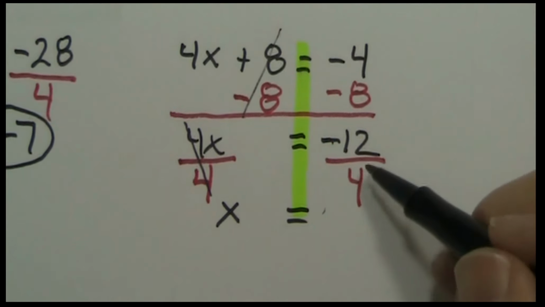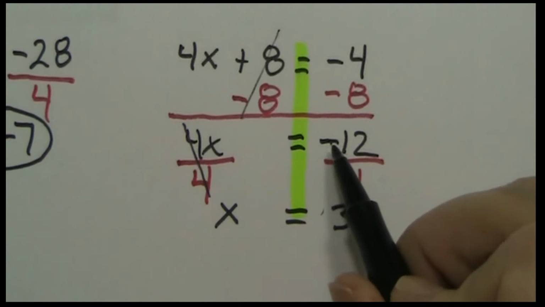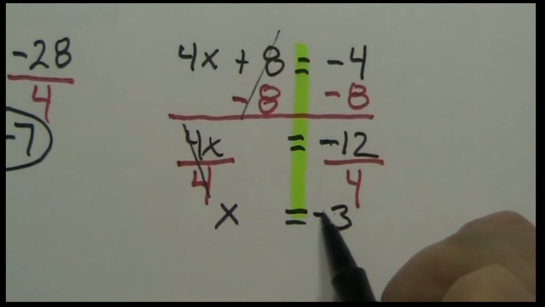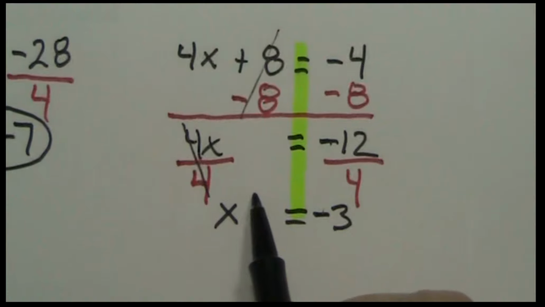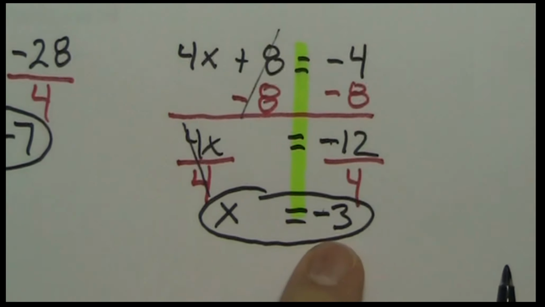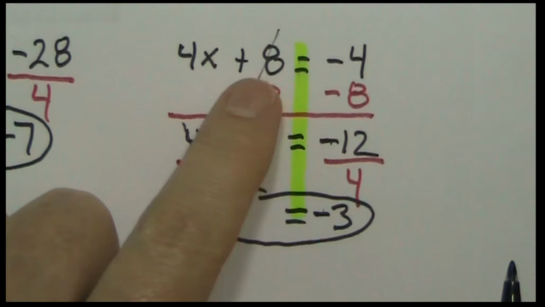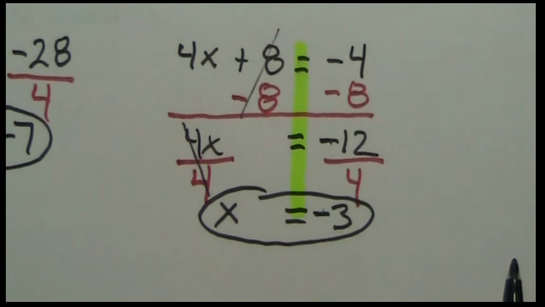On this side, 4 goes into 12 3 times, and there's 1 negative. So that's -3. And if you put -3 in here, that would be -12. -12 plus 8 is -4. It works.